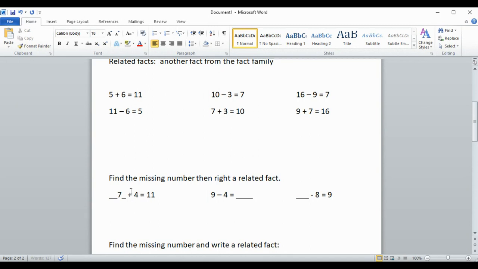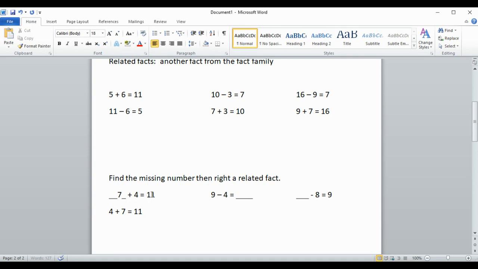I was going to say it might be tempting to write 15, but 7 plus 4 equals 11. Then if it wants you to do a related fact, then you're going to use these 3 numbers and write another fact that goes in this fact family. So you could say 4 plus 7 equals 11.